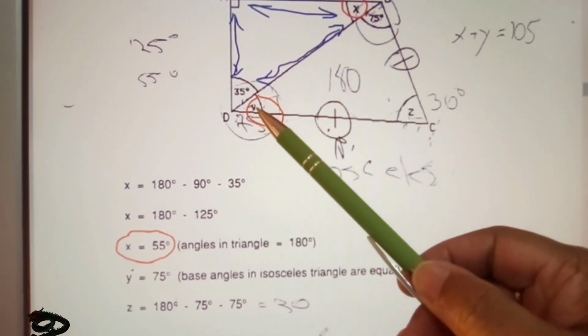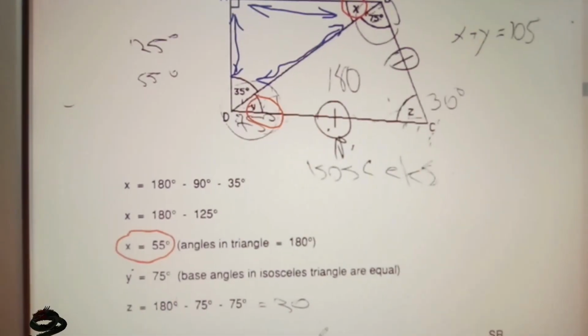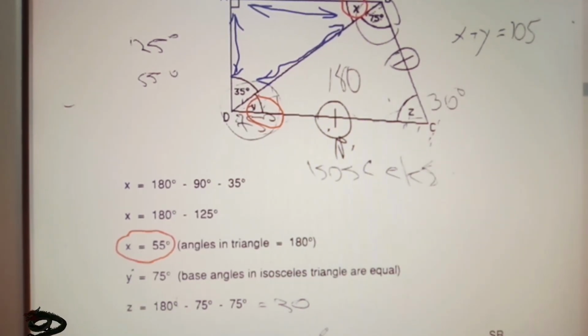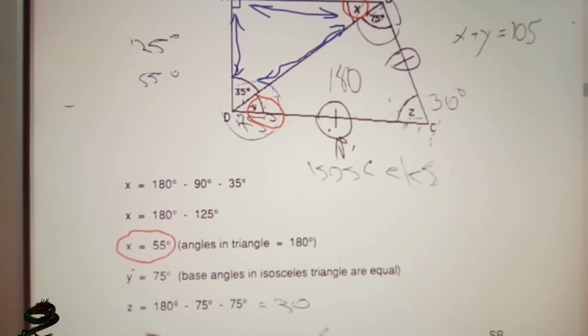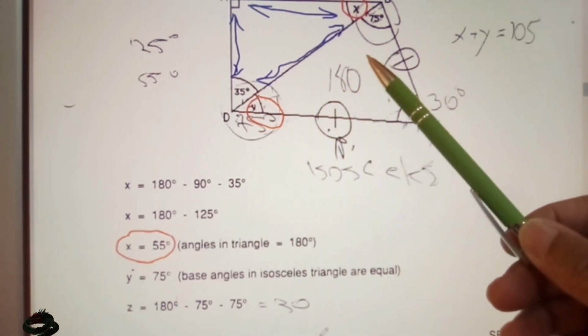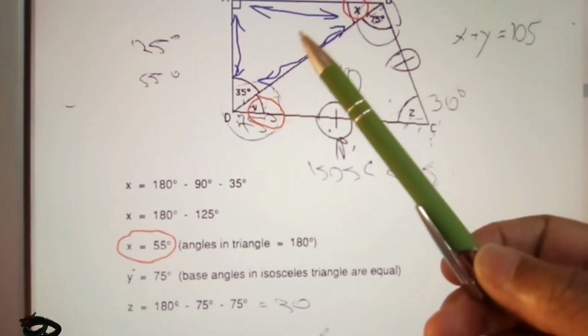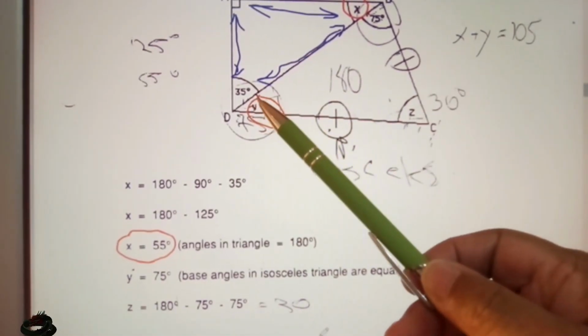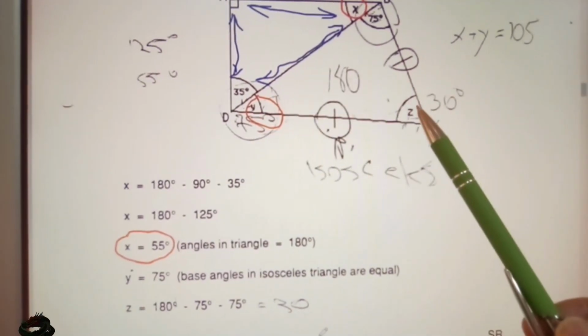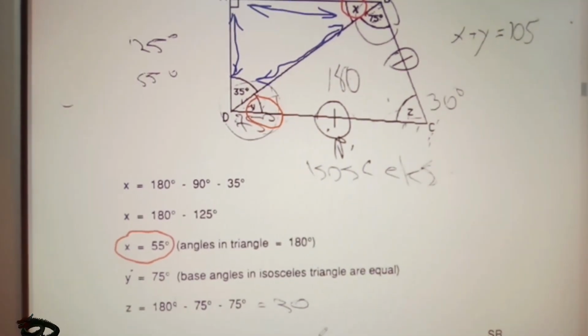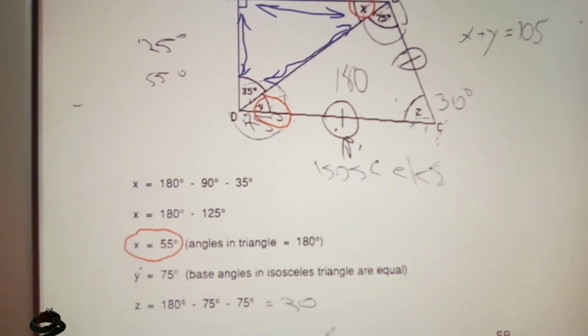We have no idea what the value of y is, what the value of z is. But base angles in isosceles triangles are equal. So z equals, we know that should be 180. Now we're saying here that y is equal to 75 degrees and z is equal to, we don't know just yet. But let's see what we come up with.